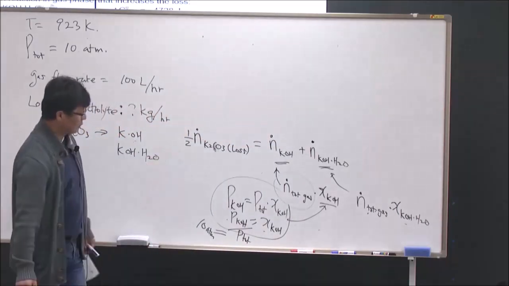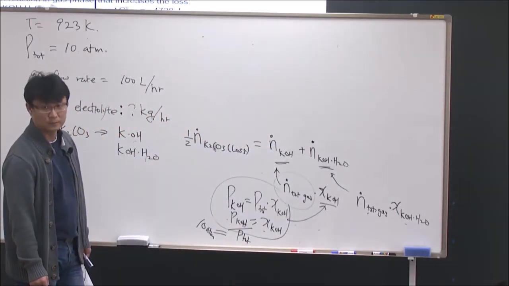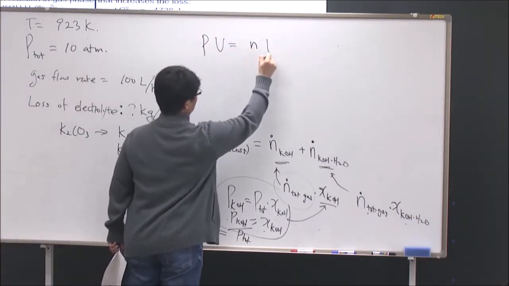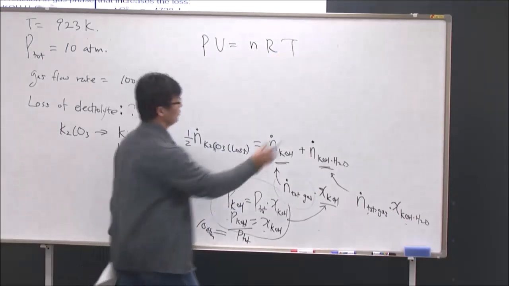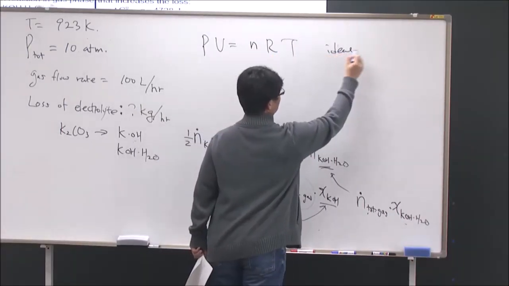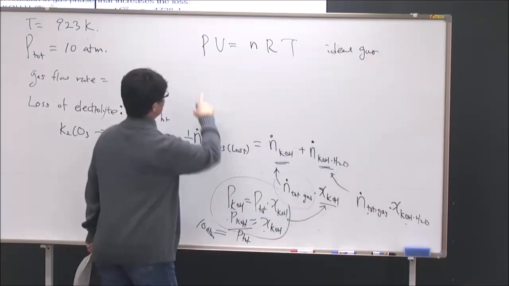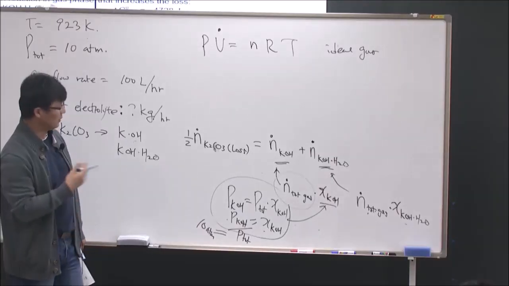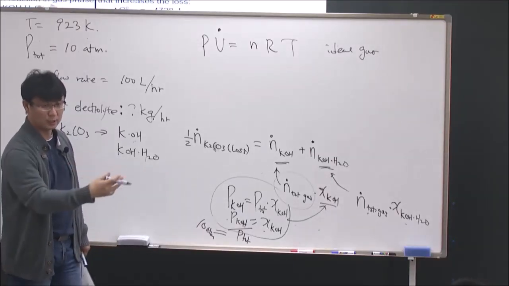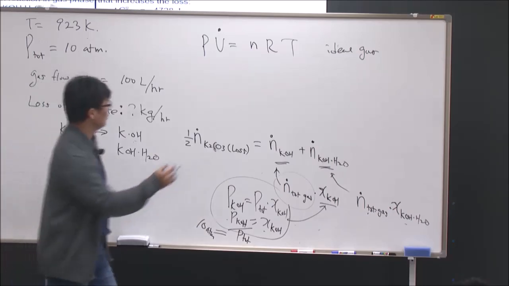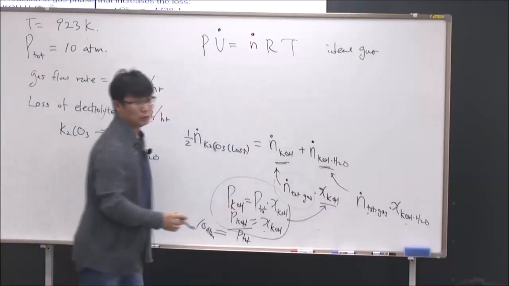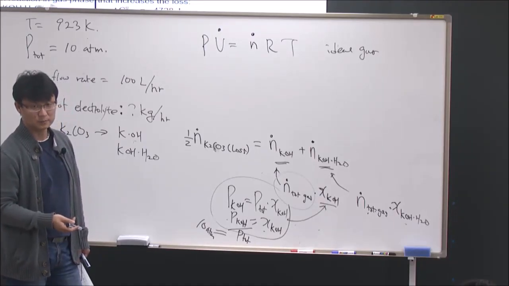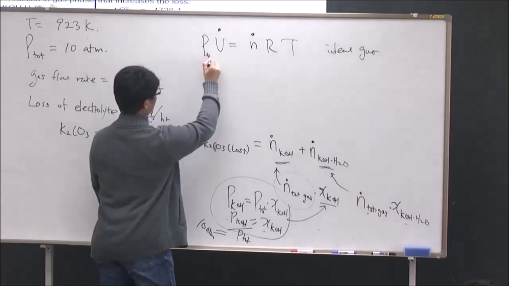So now, how do we calculate the total number of the gas species? PV equals nRT, the ideal gas law. The rate of the volume entering this system and then going out is directly related to the number of moles of the gas species entering here.